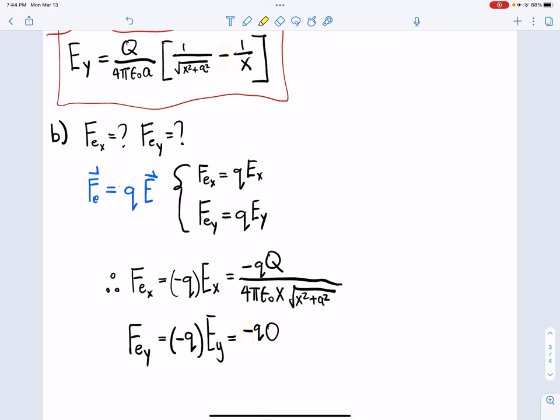So then I would just have positive q times capital Q, the source charge, over 4 pi epsilon naught a.